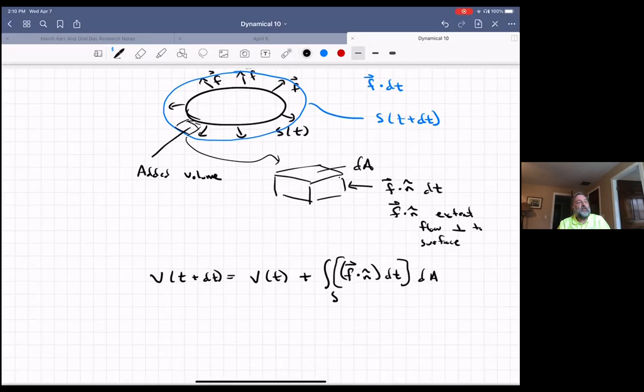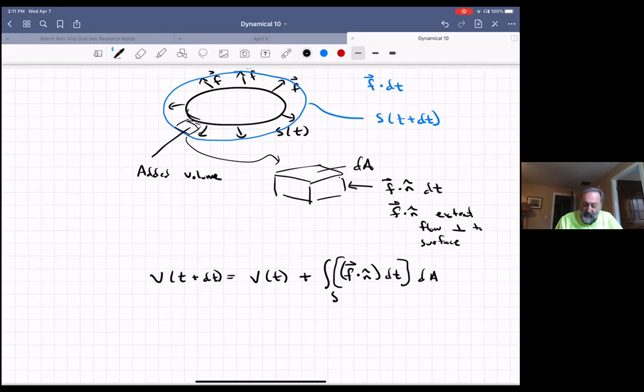So if dA is the area element on this black surface, then if the flow is pushing me out away from the surface, I rise a height f dot n hat dt off of the surface. That makes sense? Yep.